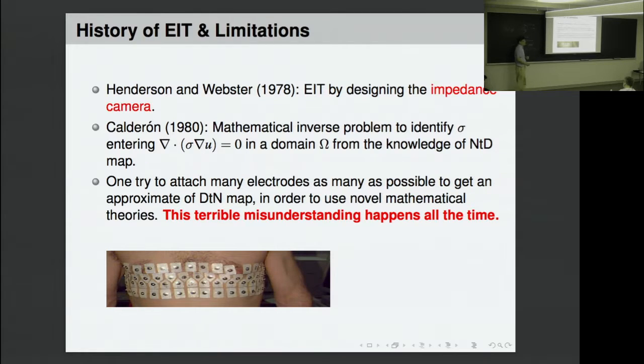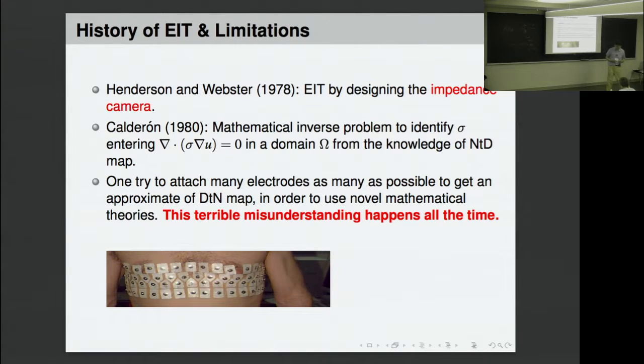That's the reason why many mathematicians all over the world study that one. If you have the full Dirichlet-Neumann map, or the Neumann-to-Dirichlet data, you could reconstruct. And then a lot of analysis papers were published. That's why they trust the Calderon approach too much, and many people do.